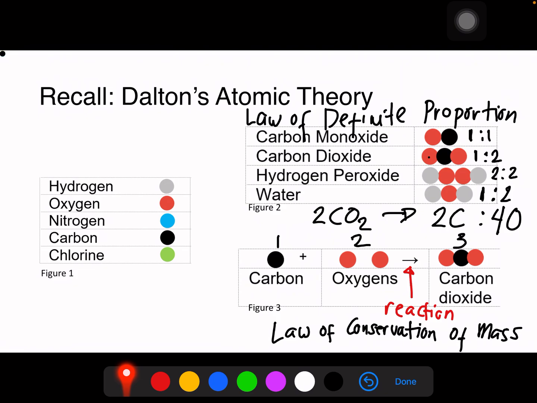So the mass of the reactants will still be equal to the mass of the product. There's no mass that is created nor destroyed. Okay?